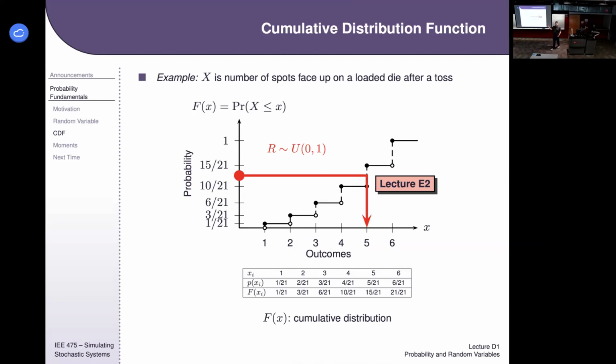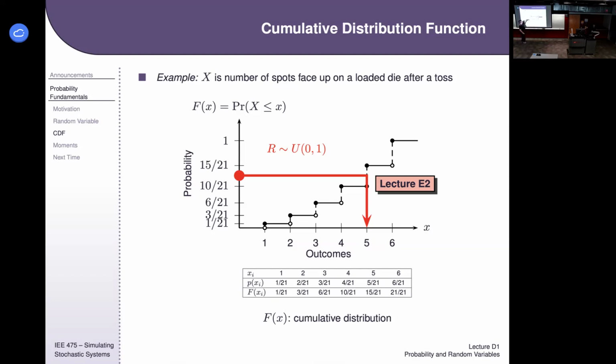And then what we'll learn in lecture E, before we go into the midterm, or lecture E2 here, is that if you give me the CDF, I can draw random variables according to the probability mass function. Basically, because the CDF always goes from 0 to 1, as we'll learn in unit E, if I draw a uniform random number between 0 and 1 and then map it via the CDF to an outcome, then the distribution of these outcomes will be according to the probability mass function.